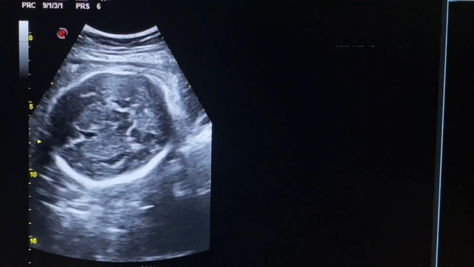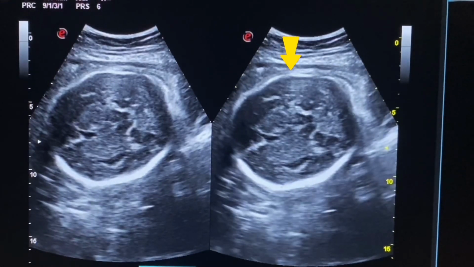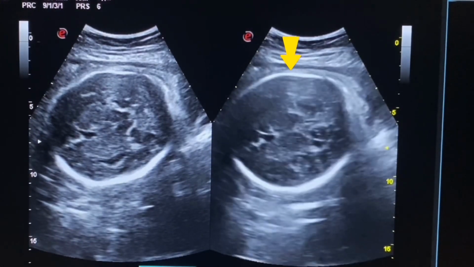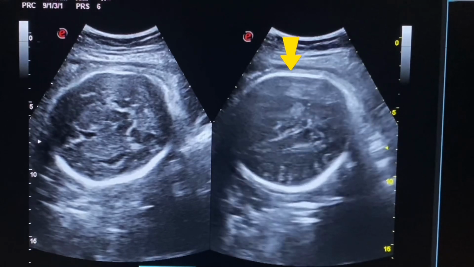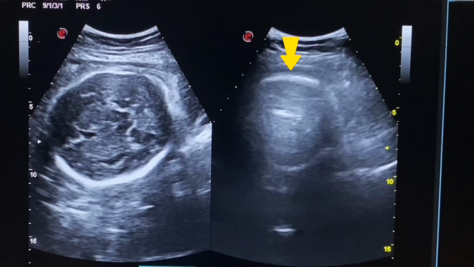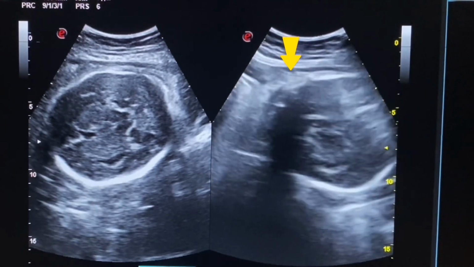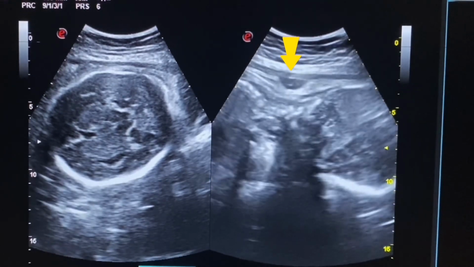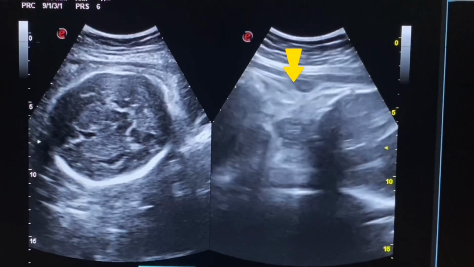Now we adjust the skull at dual mode. Now we rotate the probe on its axis to the longitudinal view and slowly slide towards upside.